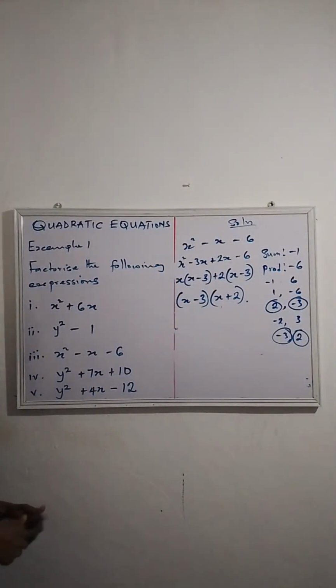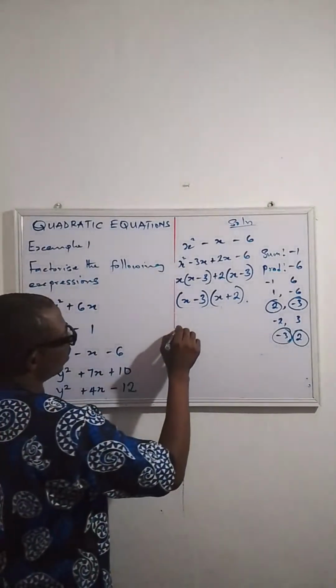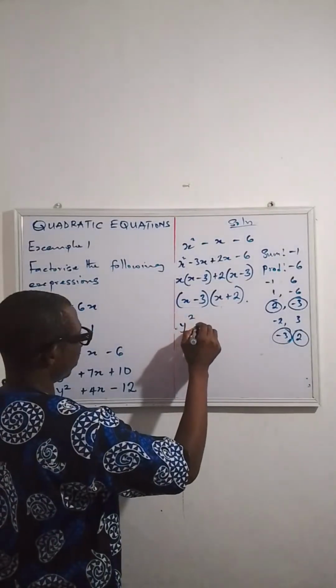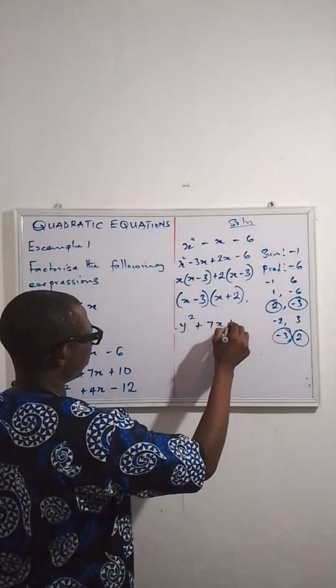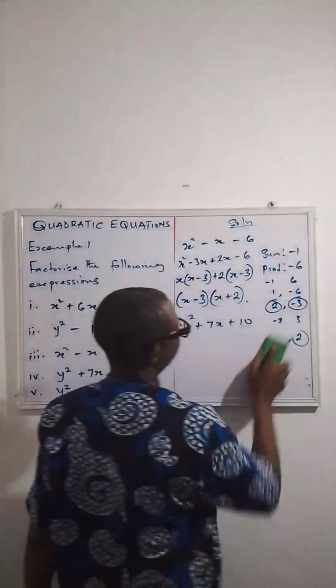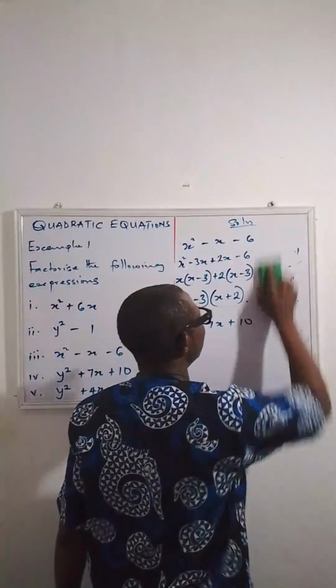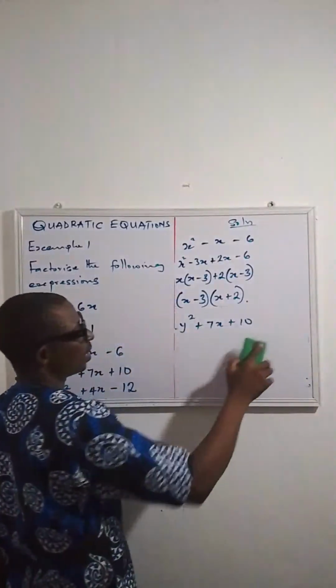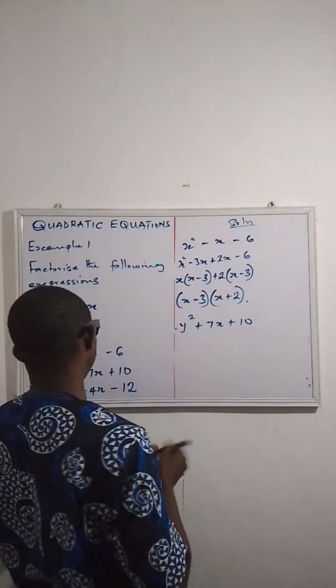Okay, yes. Can we look at the next one? Now we have y squared plus 7y plus 10. Okay, so now how do we do this? Sorry, this is supposed to be y.